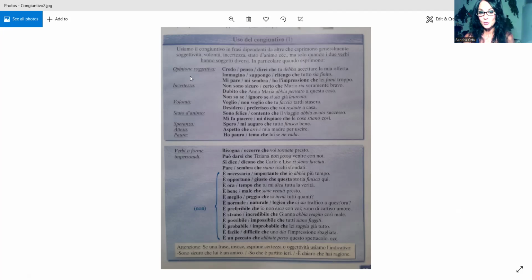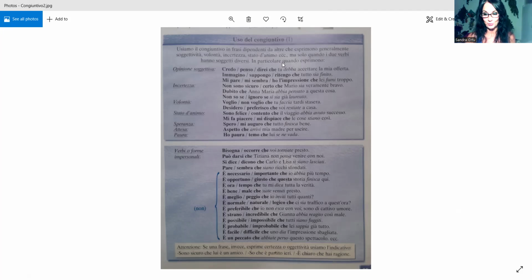So opinione soggettiva, as we were saying, is an opinion when you are expressing an opinion. And let's see some of the verbs that we use when we are expressing our subjective opinion. Credo, I believe. Penso, I think. Direi che, I would say that.